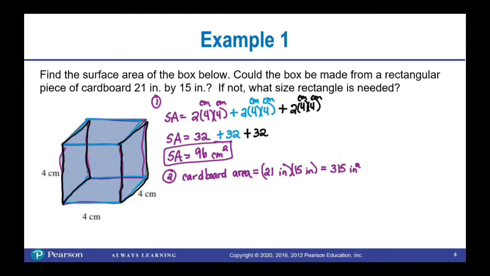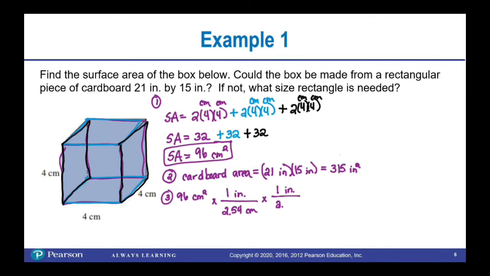Notice that my units are different. My surface area is in square centimeters, and the cardboard area is measured in square inches. So I need to have the same units to be able to compare. I'm going to take the 96 square centimeters and change it to inches. Now 1 inch is about 2.54 centimeters. Notice the centimeters has a power of 1 in the denominator, but we started with a power of 2, centimeters squared.